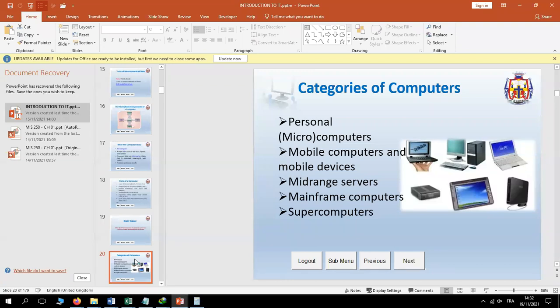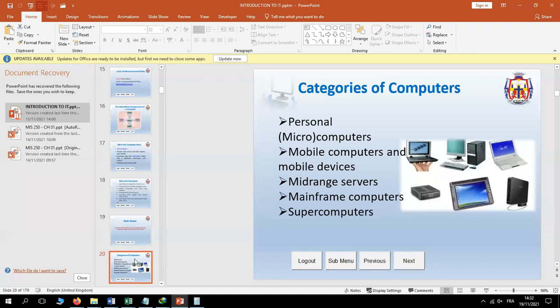For example, look at weather forecasting. Among the corporations that use supercomputers are those involved in studying weather and investigating the forecast.